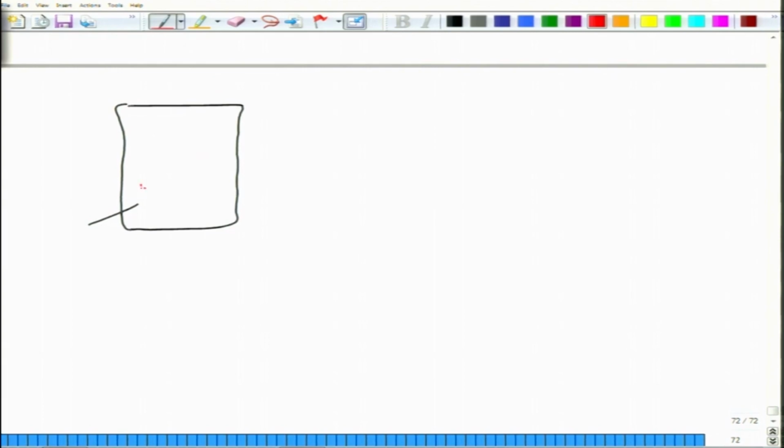So, you have the nonpolar solution, and let's represent the nonpolar solutions in red.